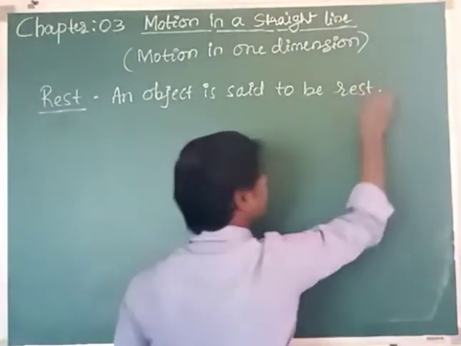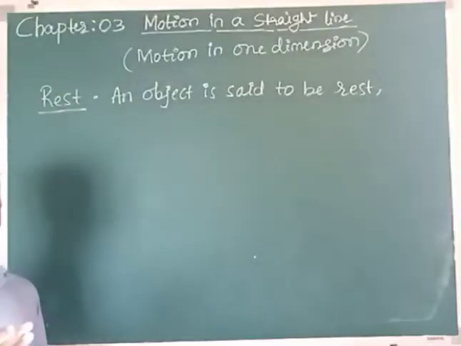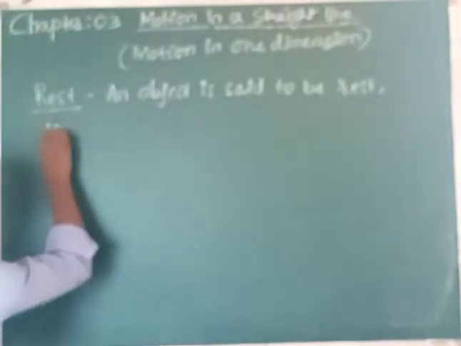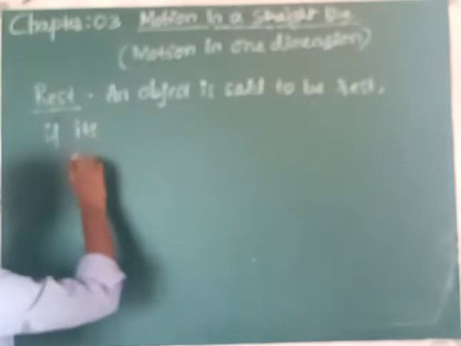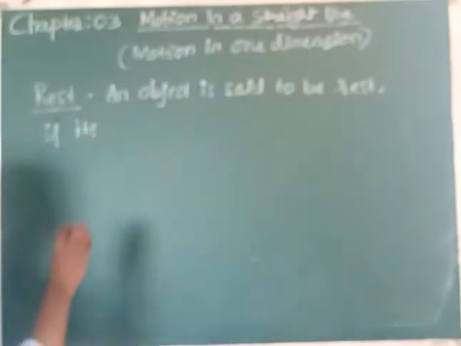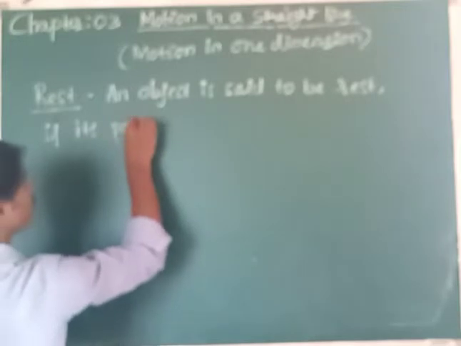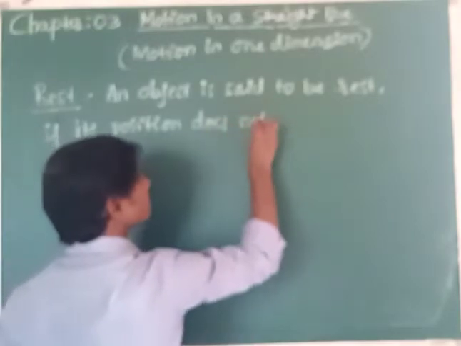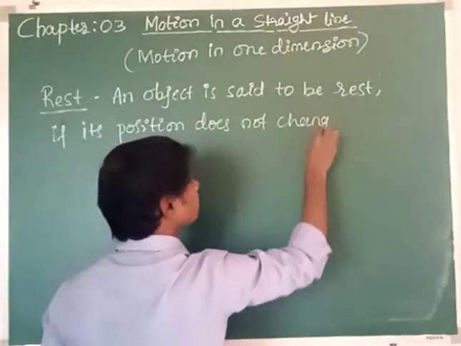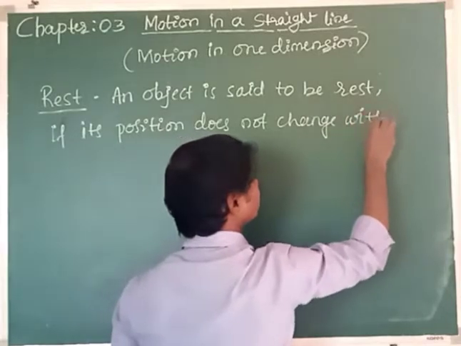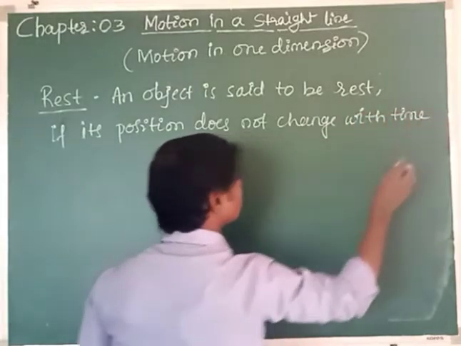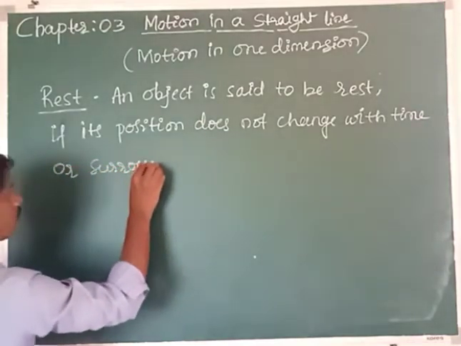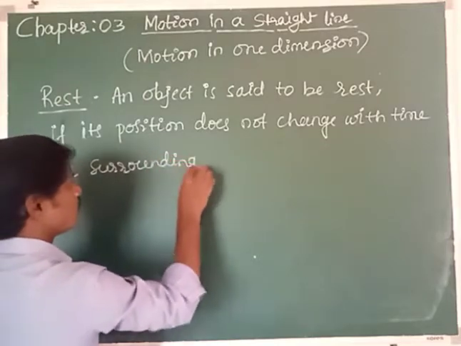If there is no change in its position with time and with surrounding. If its position does not change with the time or surrounding, that is the surroundings.